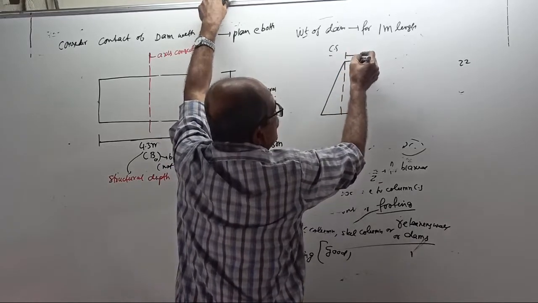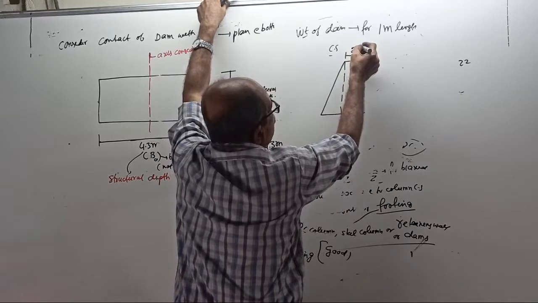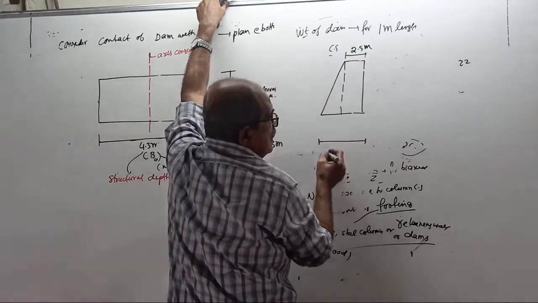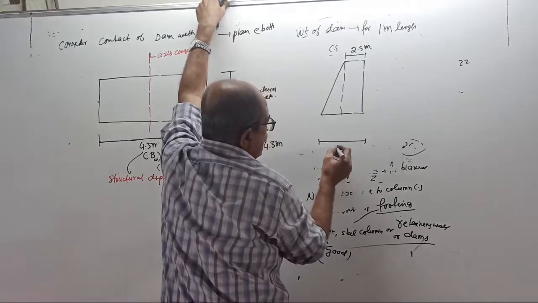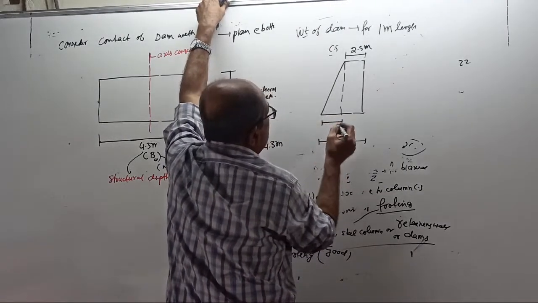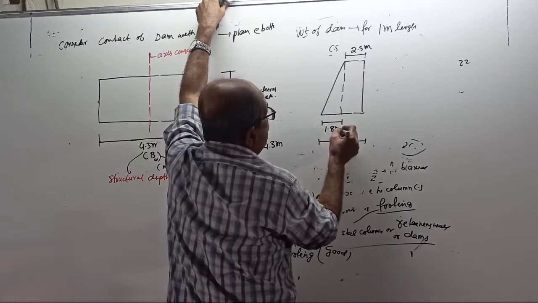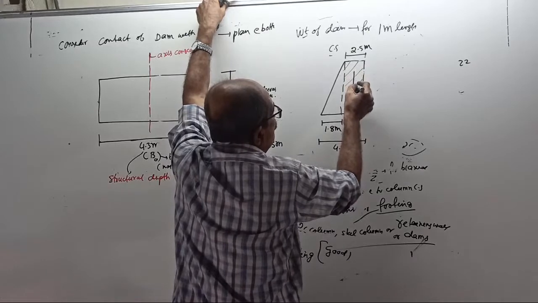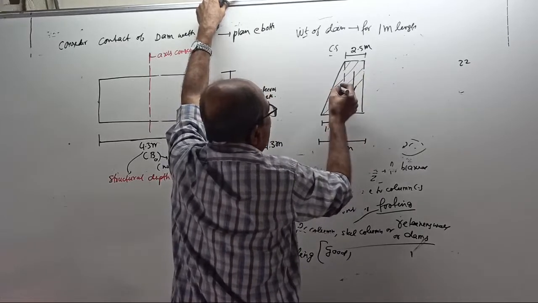This is how much I told? 2.5 meter. Total width is 4.3 meter. Therefore, what is this width? 1.8 meter. See, there is one weight here down, one more weight here down.